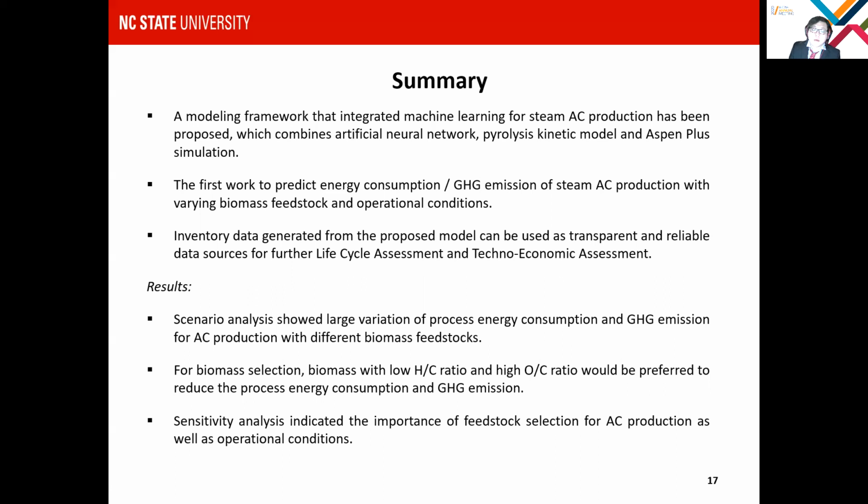The biomass properties have a large impact on them. We can select the biomass with lower hydrogen content and higher oxygen content to reduce the process energy consumption. The sensitivity analysis also tells us that before we design the activated carbon production plant, the pre-selection of the biomass feedstock is also very important. And that's all of my presentation. Thank you very much.